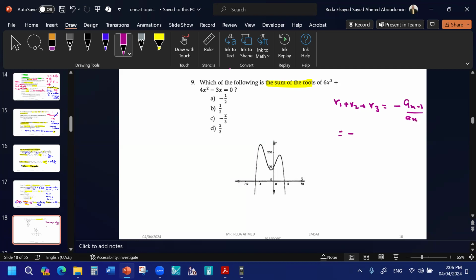So it will be negative an minus 1, which is 4, divided by an, which is 6. It will be negative 2 over 3. This is the result. It's negative 2 over 3.